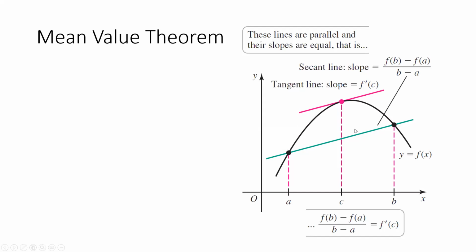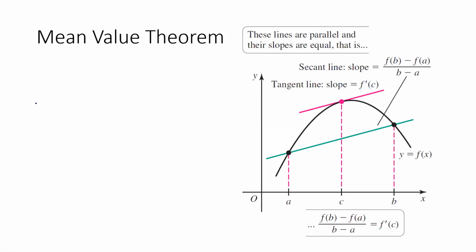Okay, so the picture is exactly what we see here, where any smooth continuous curve that I draw, when I draw the secant line between any two endpoints, there always will be at least one point in between where the slope matches the slope of the secant line.